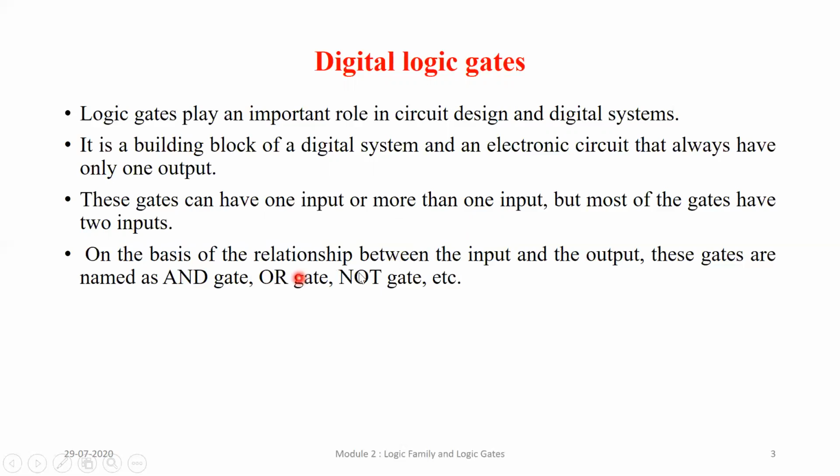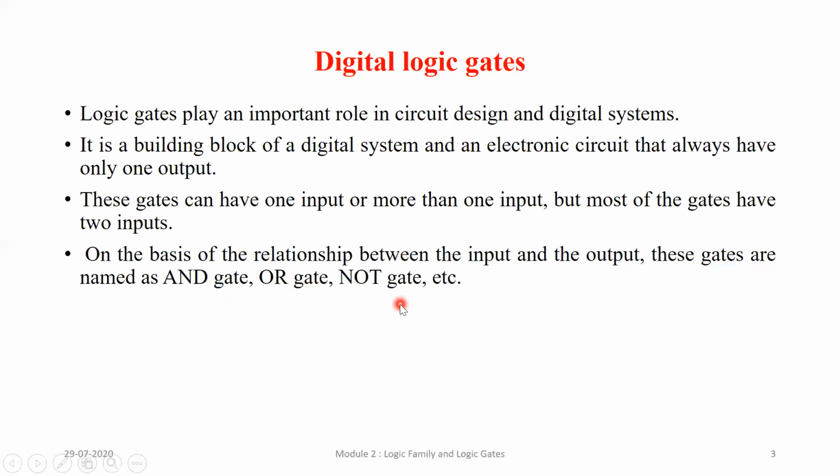Now, on the basis of the relation between the input and the output, I give a certain set of inputs. Inputs will be ones and zeros because it is digital. What will be my output? Some names we give based on the combination of input and output. The common names are AND gate, OR gate, and NOT gate.